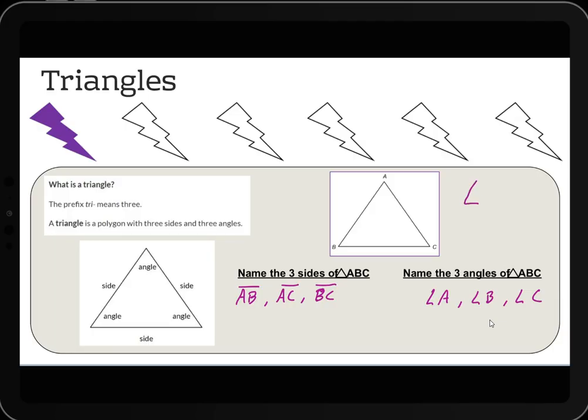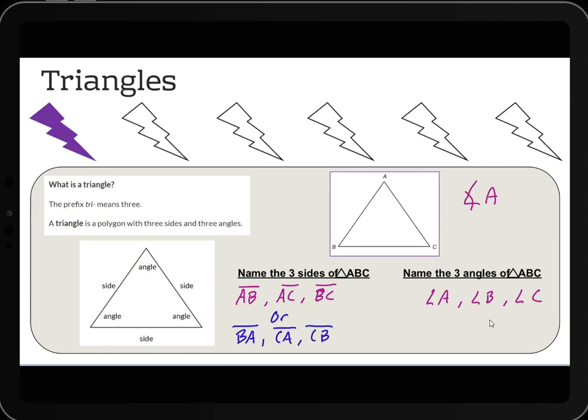Sometimes people will draw it this way as well when they describe an angle, like angle A. That's how we name them. Also, for the segments, you could write them in the other order: BA, CA, CB, and those are equivalent.